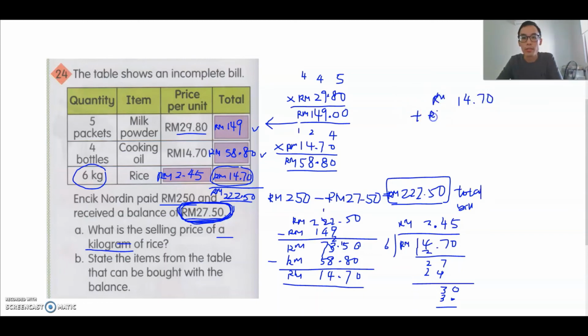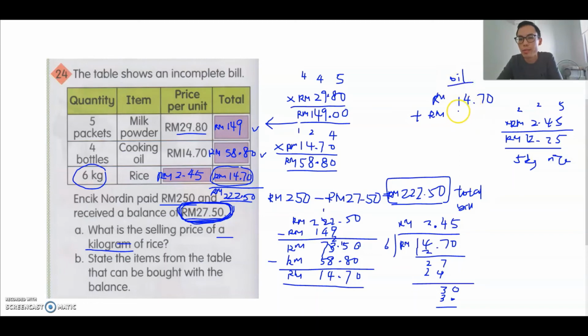And then you can do 5 kg of rice. Okay, 5 kg of rice you get 12.25. This is 5 kg of rice. This is oil.